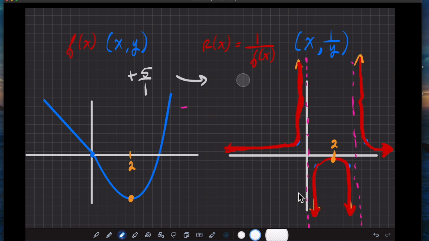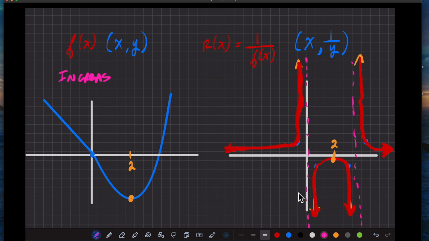One last confirmatory analysis. Where is this graph increasing and decreasing? The original, increasing, and I'm going to abbreviate that, decreasing. And where is this graph increasing and decreasing? These should be the opposite. So let's look at what our graph is doing.